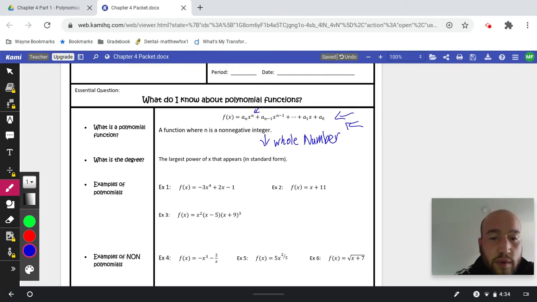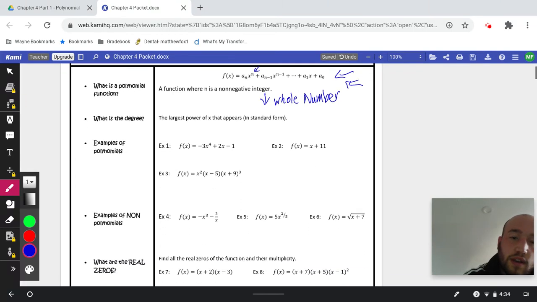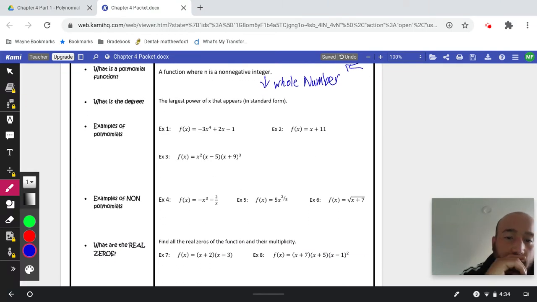In standard form, it's just what is the largest exponent, or the largest power of x, is another way to think about it. So example 1, negative 3x to the fourth plus 2x minus 1, is going to have a degree of 4, because that is the highest x value. Now example 2 will just have a degree of 1, because that is simply x to the first.